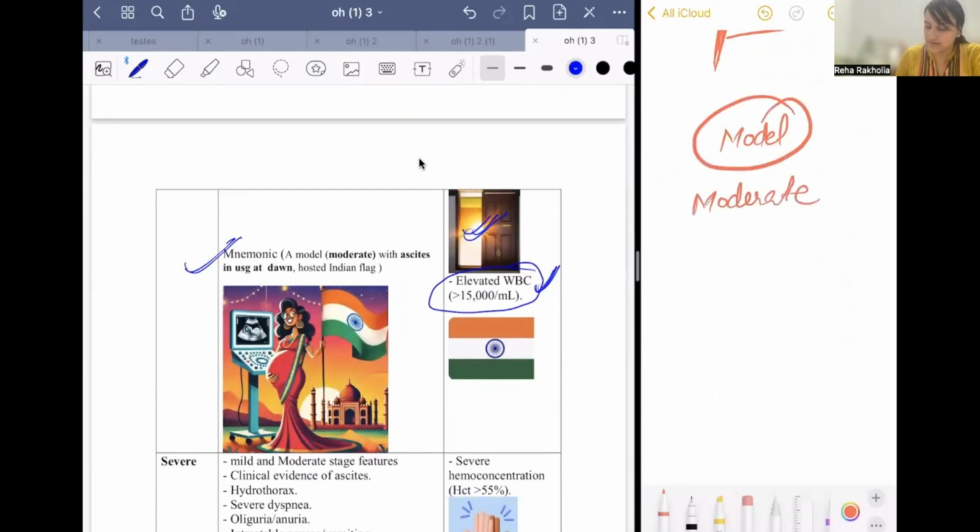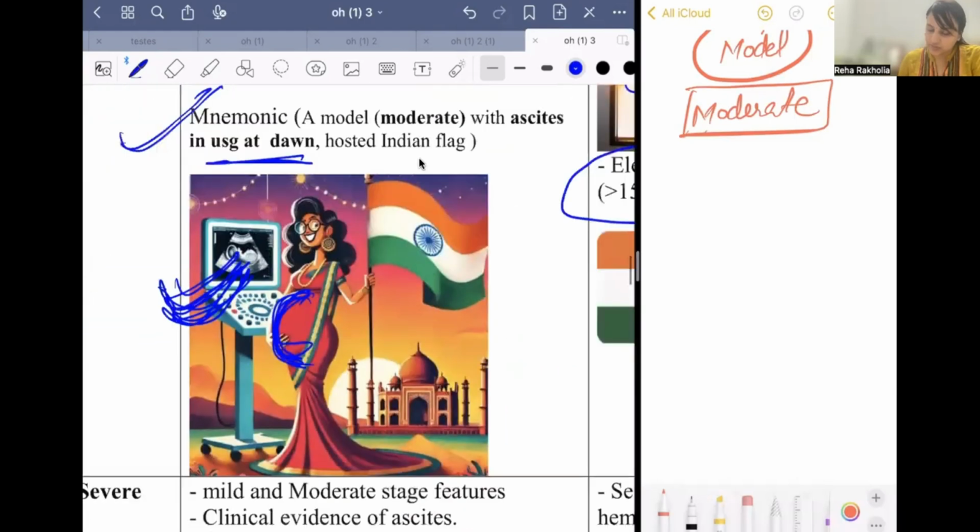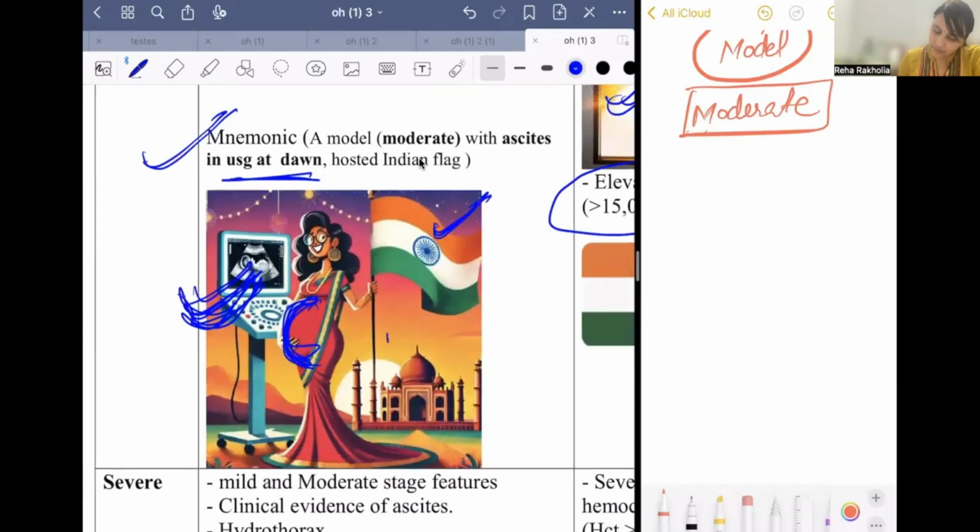Model represents moderate, with ascites in ultrasound at dawn. See, she's having ascites. We can see in the ultrasound that she's having ascites, and she's hosting the Indian flag at dawn.